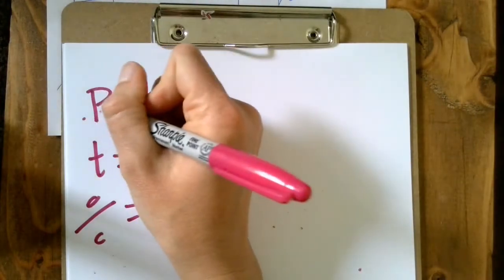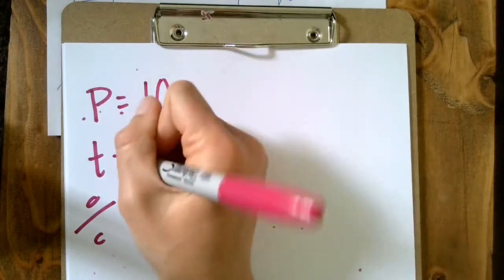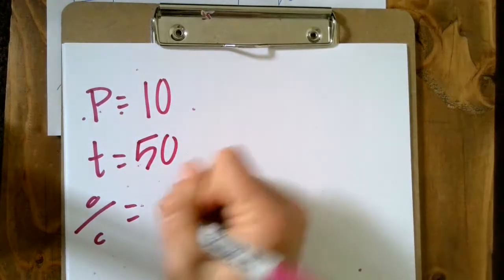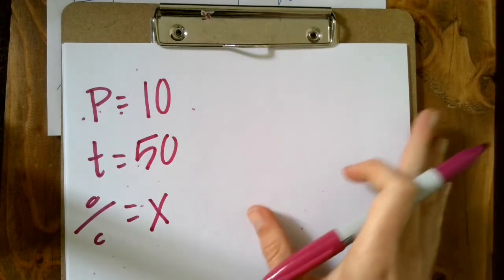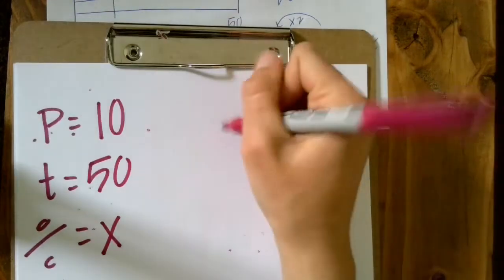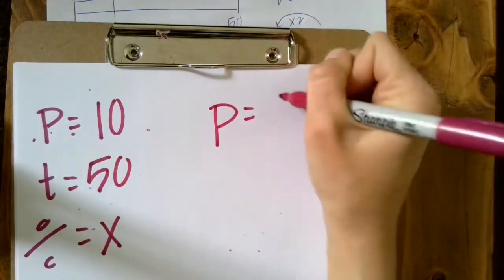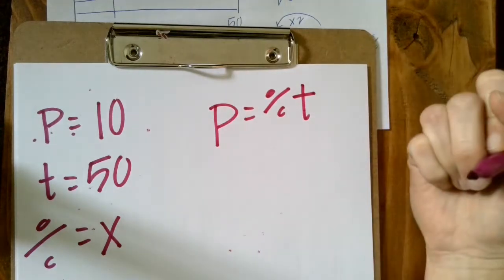In 7th grade, this has also been called your quantity, or how much you have. And I know the whole, or the total, is 50, and I don't know the percent. That's what I'm looking for, so I'm going to use a variable to represent it. And then I'm going to fill in the formula: the part equals the percent times the total.